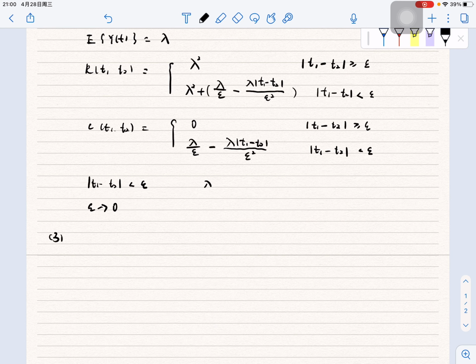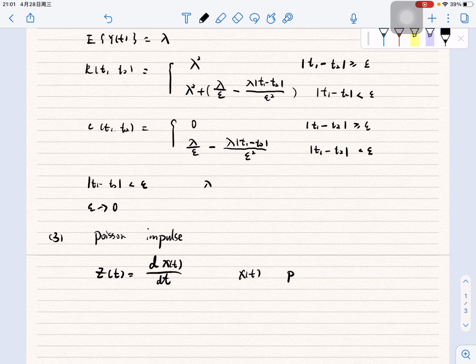Then the third question is the Poisson impulse. It is defined as Z(t) equals the derivative of X(t) with respect to t. Here X(t) is the Poisson process, and we can get the first order probability mass.